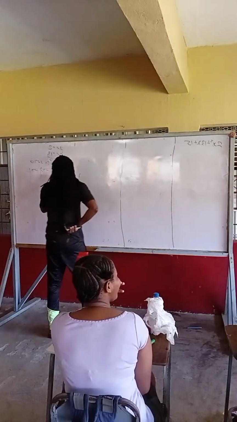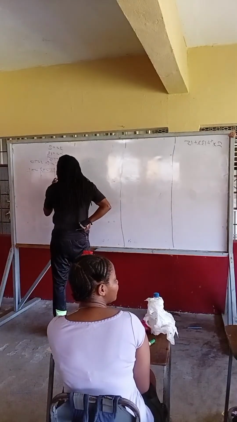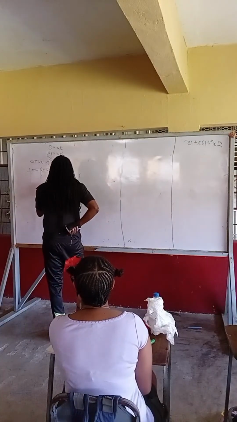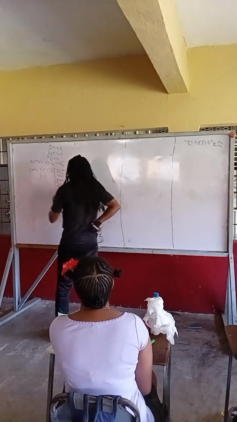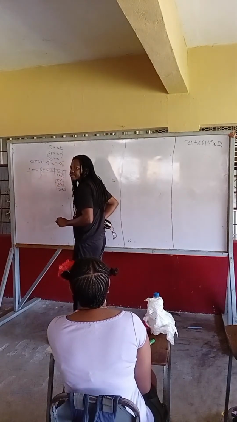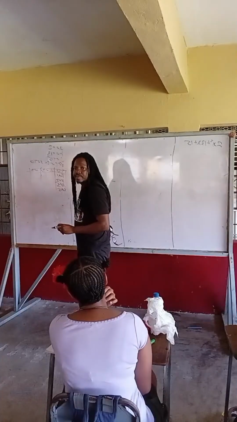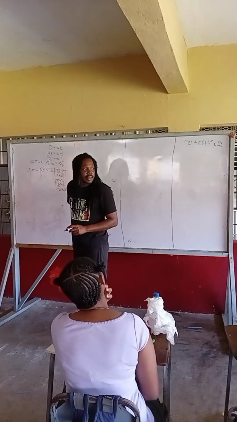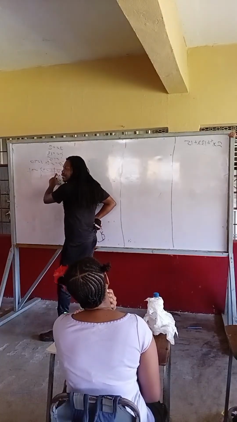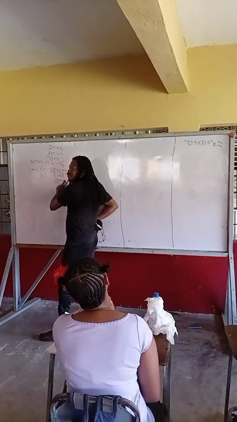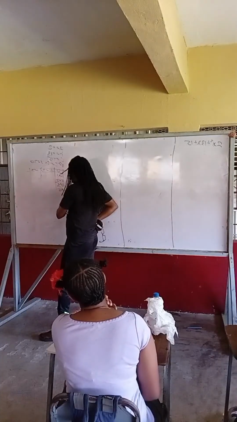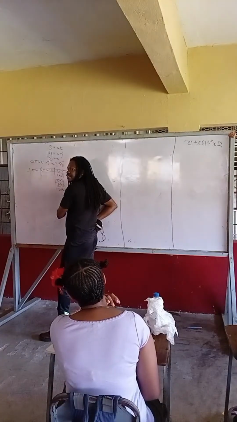30 times 1 is 30. 15 times 2 is 30. 10 times 3 is 30. 6 times 5 is 30. Everybody see that? So let's start from 1: 30 times 1, 15 times 2, 10 times 3, 4 can't work, 5 times 6.